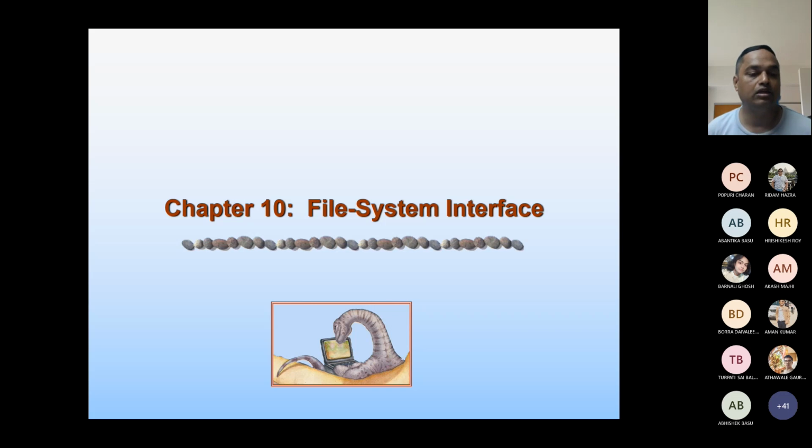So to make the hard disk accessible by the user, you need to have a proper operating system. That operating system will give you an interface, or you can call it a virtual interface of the hard disk, where you can see you have a C drive, D drive, E drive, F drive, depending on the number of partitions you made.